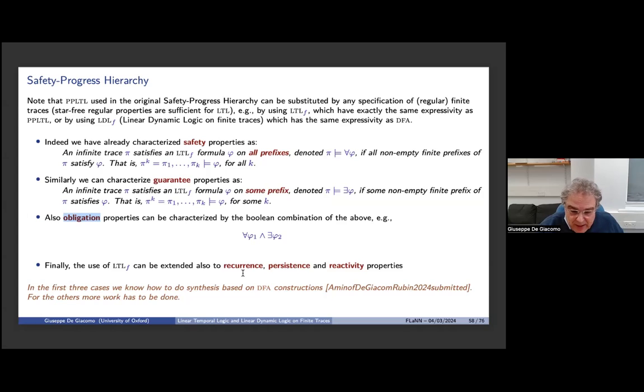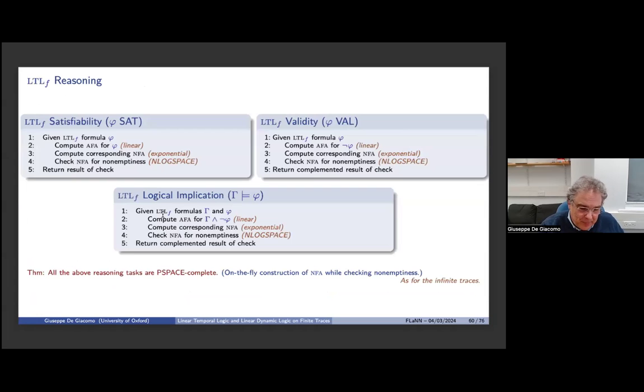But the idea would be, can I use this finite trace characterization to actually generate the DFA out of it and use some composition of DFAs in order to reason with this logic? And the answer, at least in principle, is yes. And in a very effective way, yes, for some of these classes.